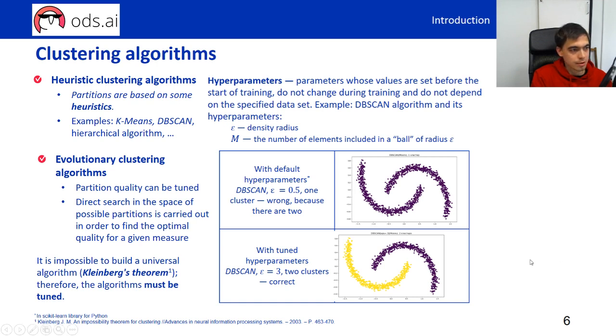This is the example for DBSCAN. The first example, where we have one cluster, while it's evident that we have two, and the second example with tuned hyperparameters, where we have already two clusters. That is correct.